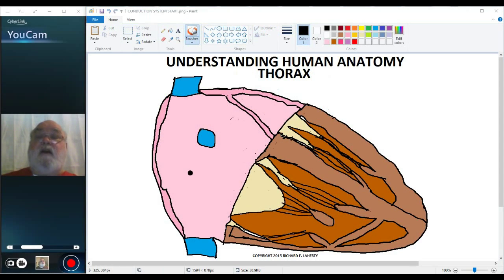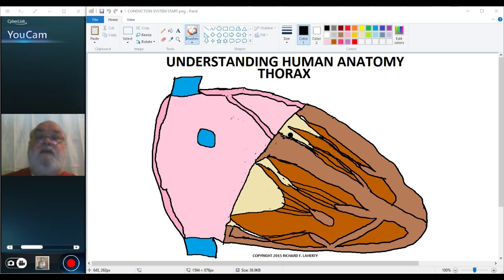You see in this diagram that I have a heart that has essentially been sliced down the middle so that we can see the right atrium, right ventricle, a little bit of left atrium, a little bit of left ventricle. We have the tricuspid valve with the chorda tendineae and the papillary muscles.